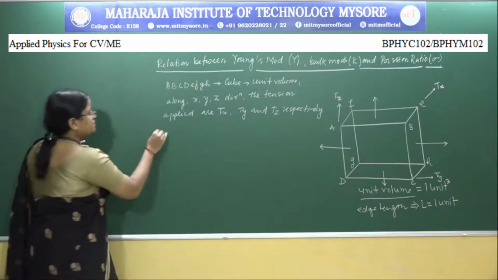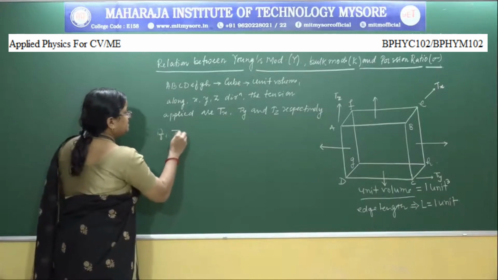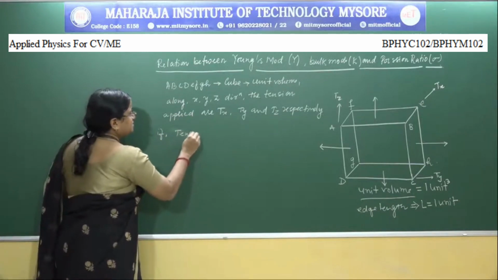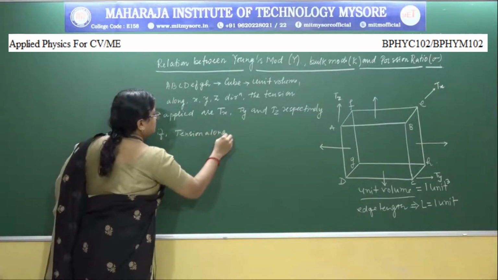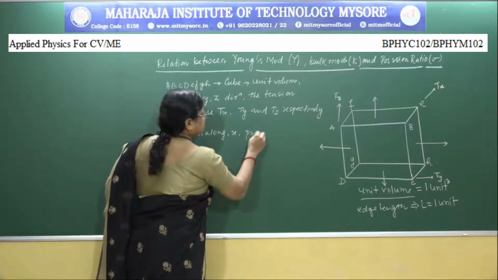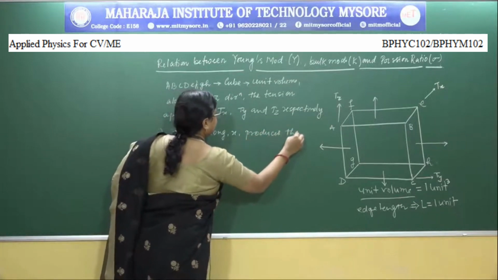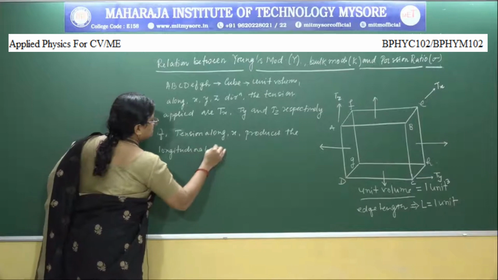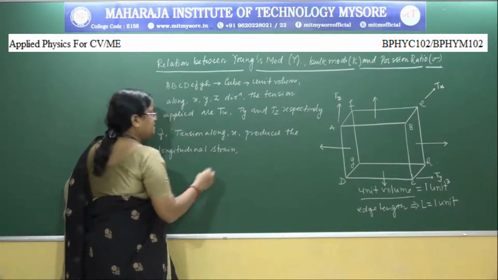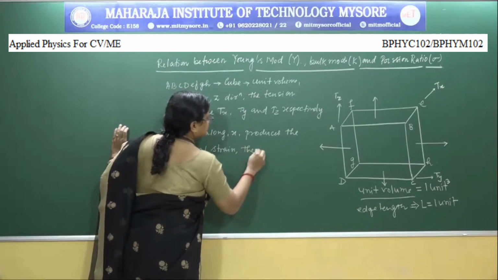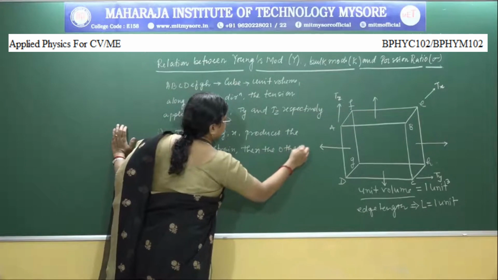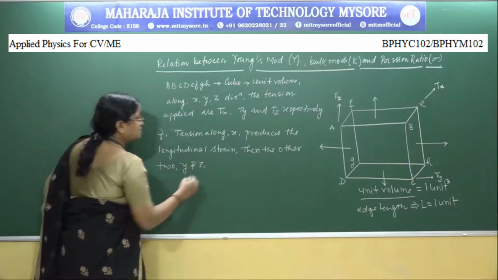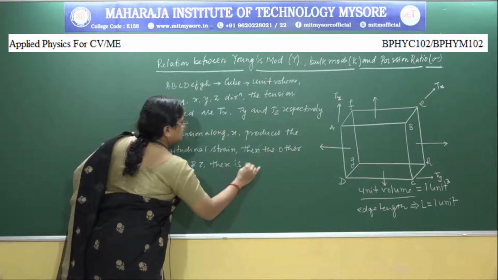So now if we consider tension along x direction produces the longitudinal strain, then the other two directions, that is along y and z, there is a lateral strain.